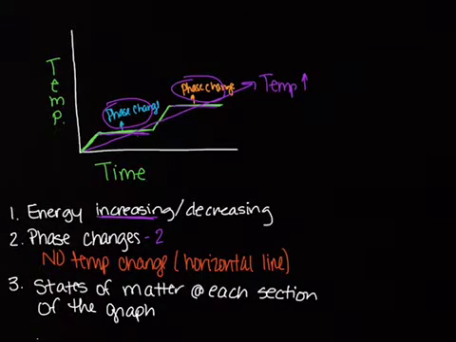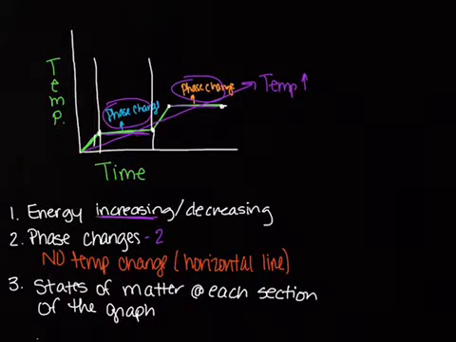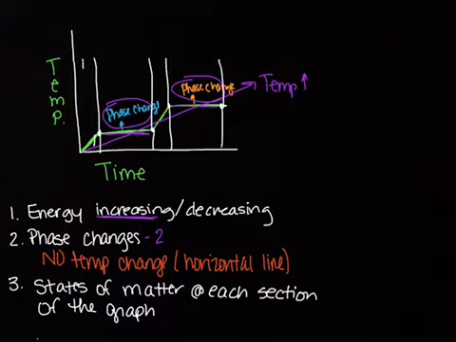So basically what we need to do here is that every time we have a change in direction, we need to draw a vertical line. Doing this gives us 1, 2, 3, 4 sections of the graph.